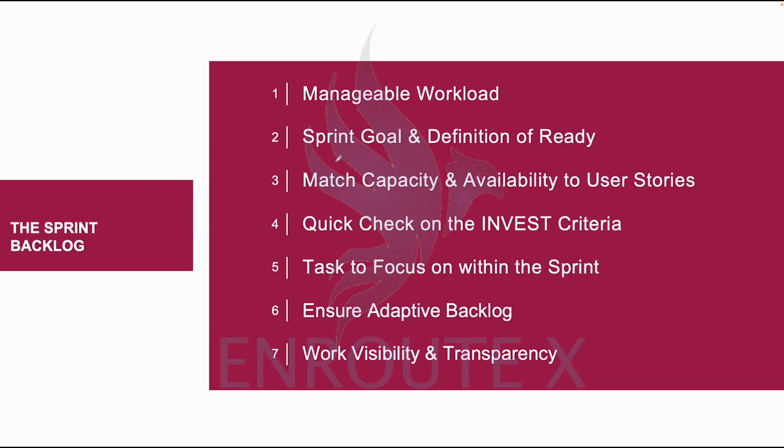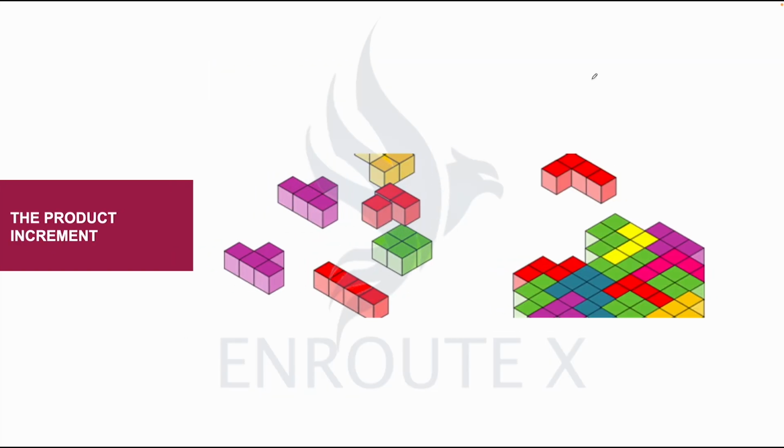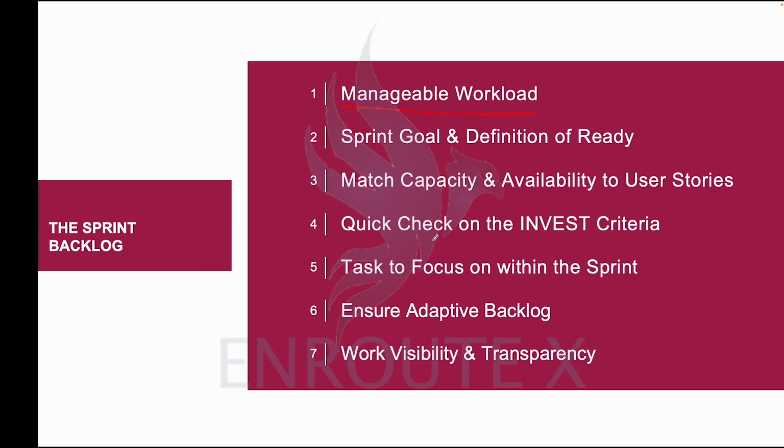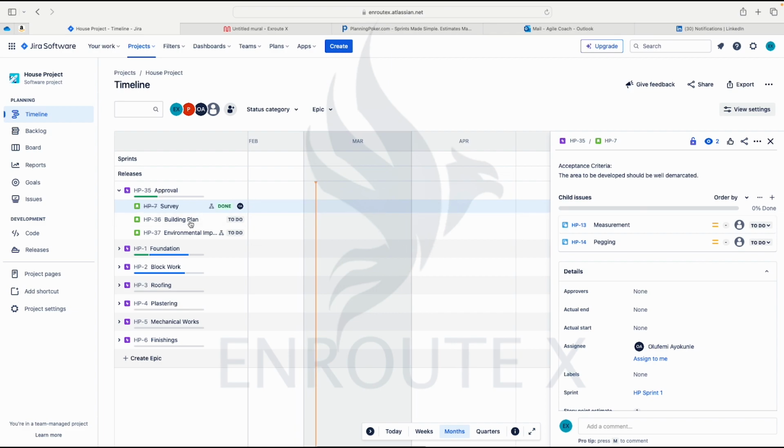So let's look at what the sprint backlog has to do with. Your work must be a manageable workload. Ideally, according to Scrum, when a team has more than one moment, why is my slide jumping up and down? Let's look at this again.